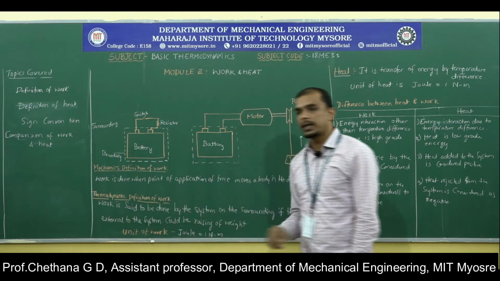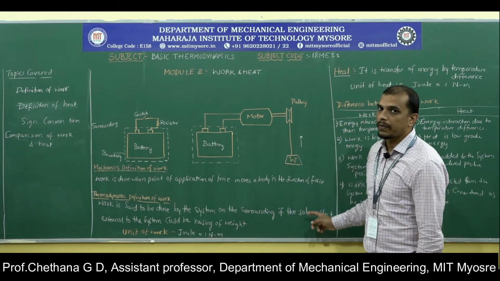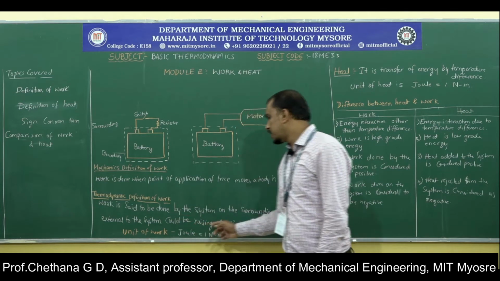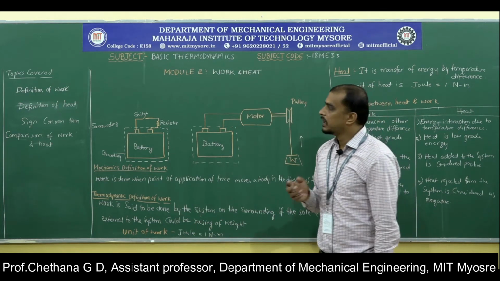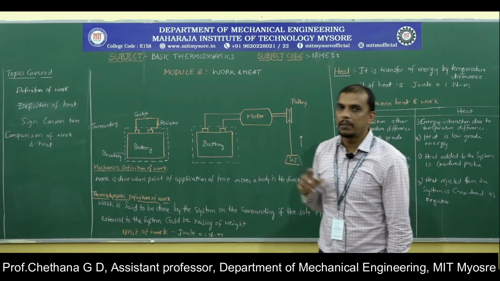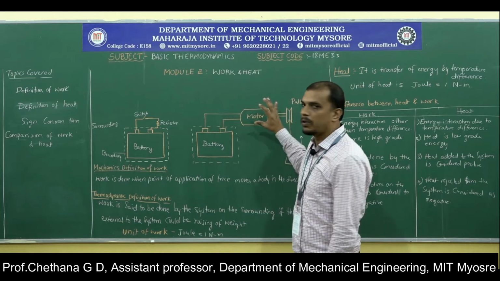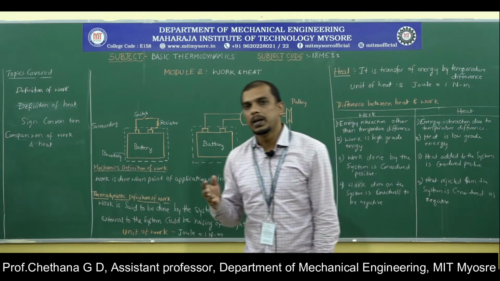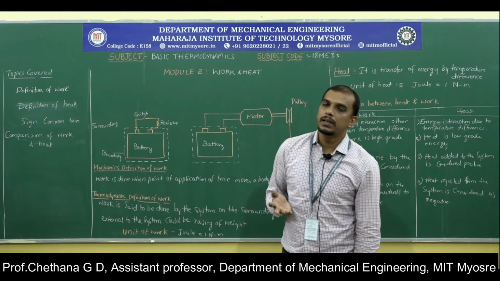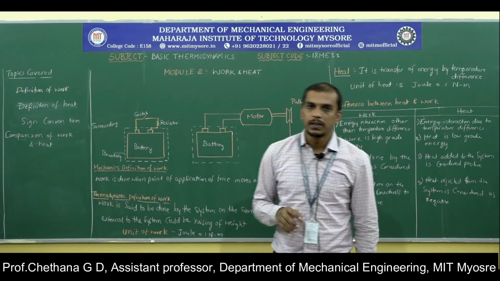Work is said to be done by the system on the surrounding if the sole effect external to the system is the raising of a weight. So, one need not make the change. If one can imagine that this system can be replaced by a motor, so that it can be reduced to the raising of a weight, then they all come under work, that is the thermodynamics definition of work.